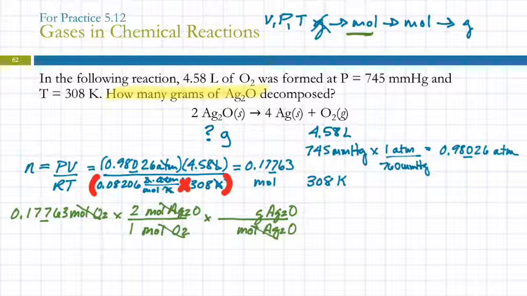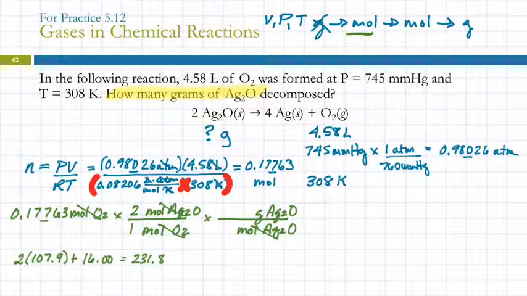So I have 2 moles of silver. 107.9 is the molar mass of 1 mole of silver, and there's 1 oxygen in there, so that's 16. 2 times 107.9 plus 16, I need 231.8.